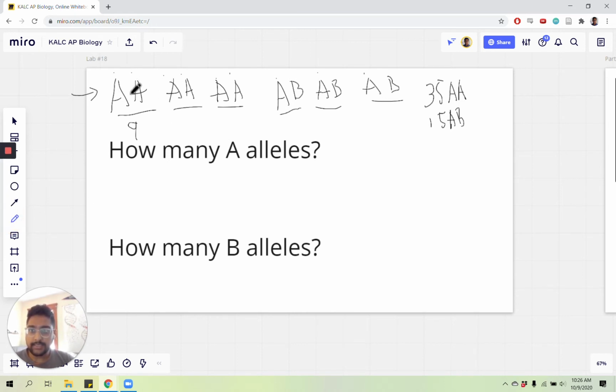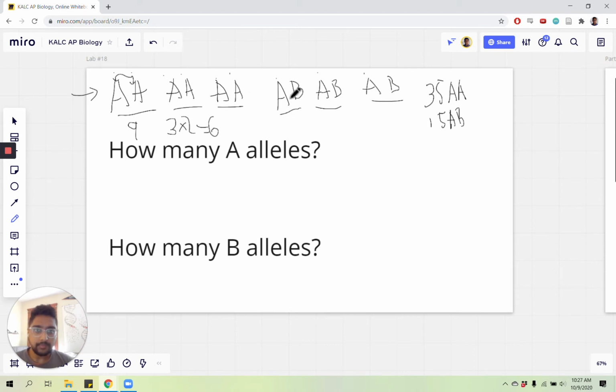So what we did was, for every individual with AA, you can see that there's 2 A alleles, right? Every individual with AA has 2 A alleles. And so you know that if you have 3 individuals with AA, all you need to do is multiply that by 2, and then you get 6 A alleles from this population, and we can verify that by saying 1, 2, 3, 4, 5, 6.